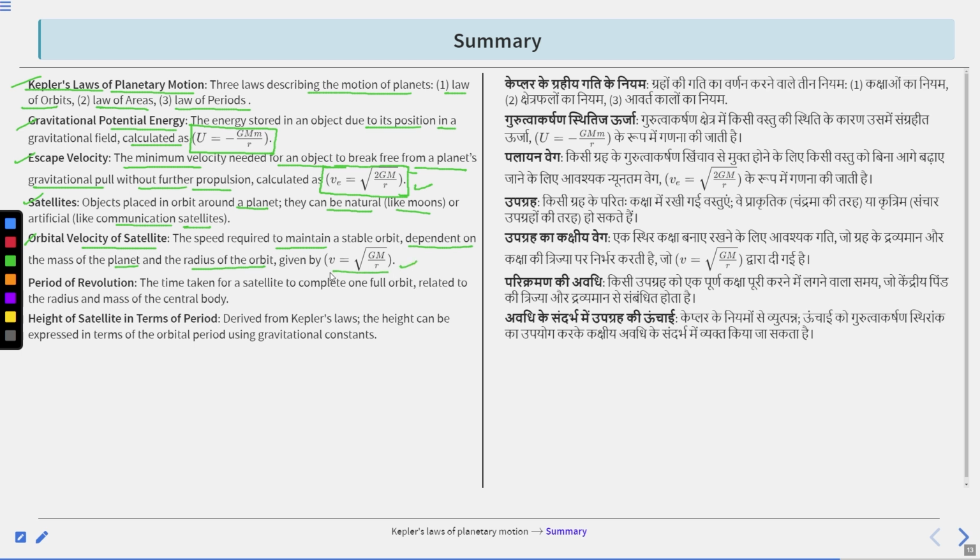Period of revolution, the time taken for a satellite to complete one full orbit, related to the radius and mass of the central body. Next, height of satellite in terms of period. Derived from Kepler's law, the height can be expressed in terms of orbital period using gravitational constants. Clear?